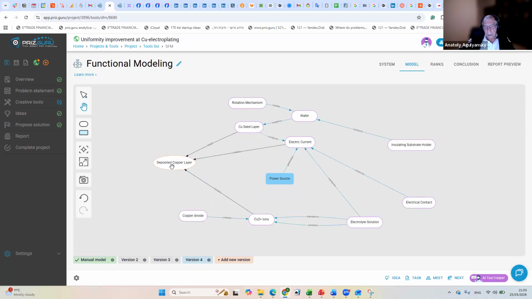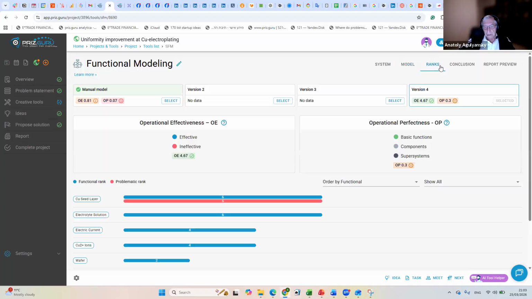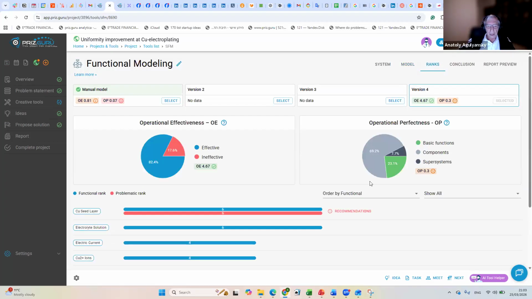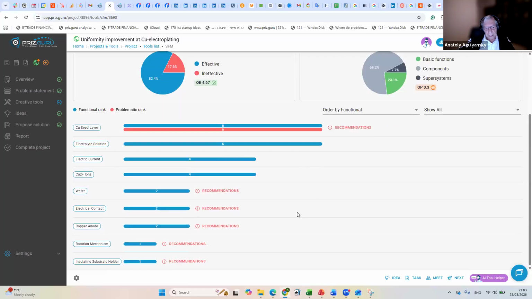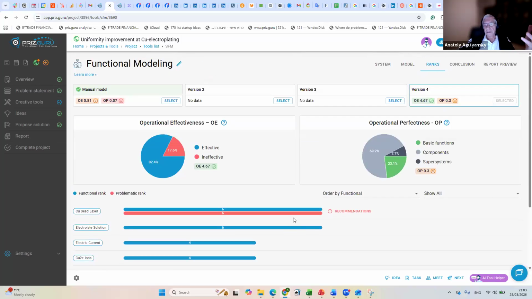Because creating a functional model takes hours, in this case you already have a basis, and you can have a look at it. It says seed layer, but it's not ideal.